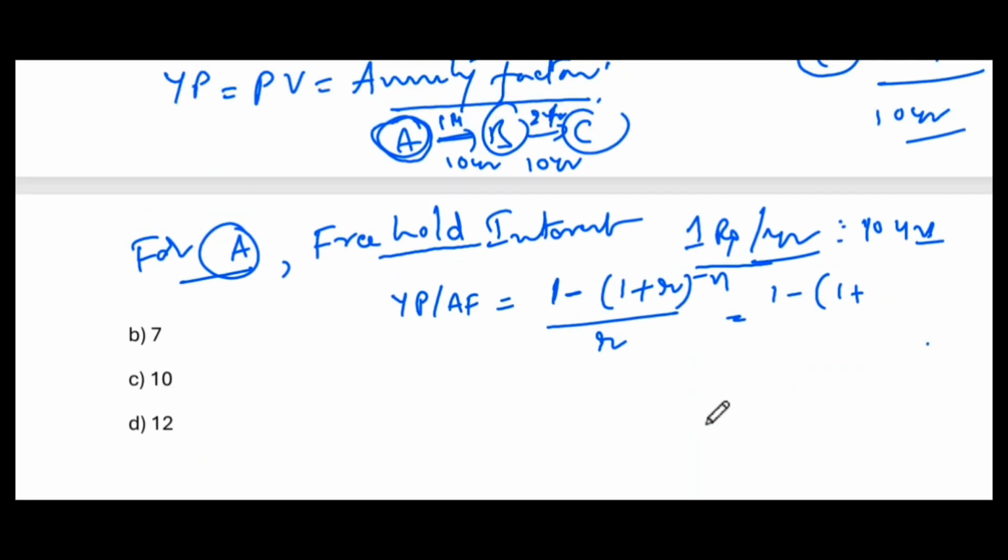Okay, let us consider 10% interest only, to the power of 10 years, right? Annually. So r means 0.1. So what would be the value for it? The value would be 6.144.